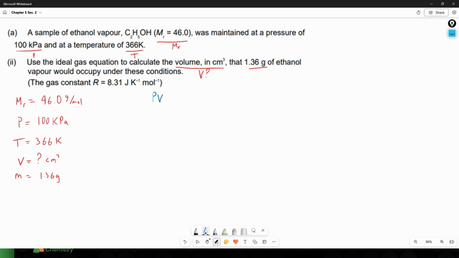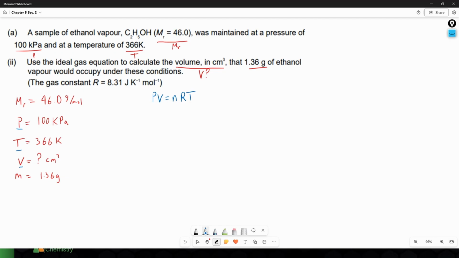Now, if we think of the ideal gas equation, the ideal gas equation is PV is equal to nRT. Now, here is where we have to make a decision in our approach, because we have pressure, we have volume, or we're looking for volume at least. We have temperature, but we do not have the number of moles. We have instead the molar mass and the mass of this compound.